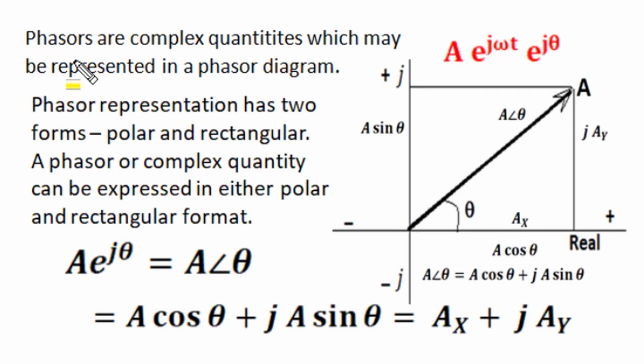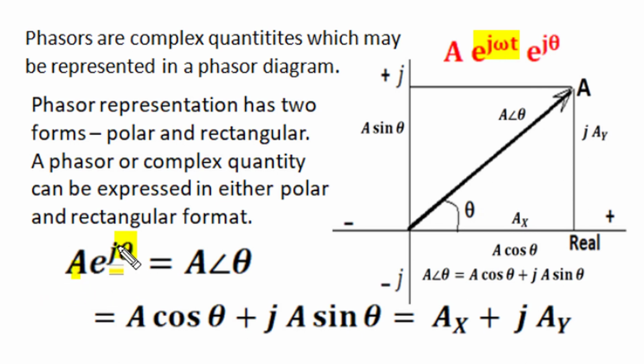So phasors which represent sinusoidal quantities are complex expressions, and such complex expressions can be represented in a phasor diagram. Here e raised to the power j omega t represents the rotating nature of the phasor, and since all sinusoidal quantities in concern with mathematical analysis possess the same angular frequency or angular velocity, this is a common term, and we are more interested in the magnitude of the phasor and its phase angle.